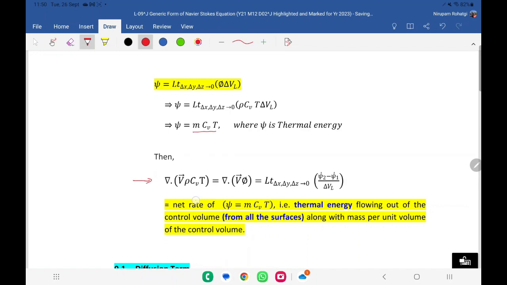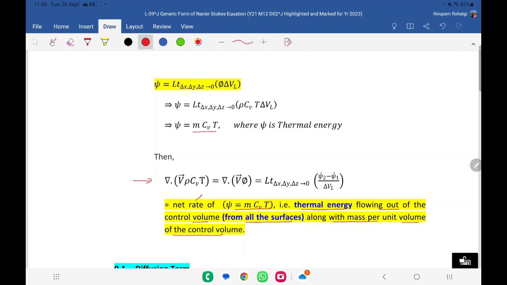This will be the equation for the net rate of flow of this term. This is the thermal energy flowing out of the control volume from all the surfaces along with mass per unit volume of the control volume. So this is how it goes.